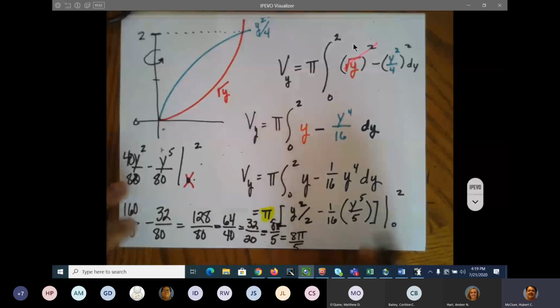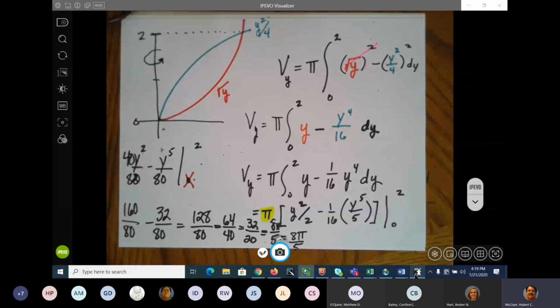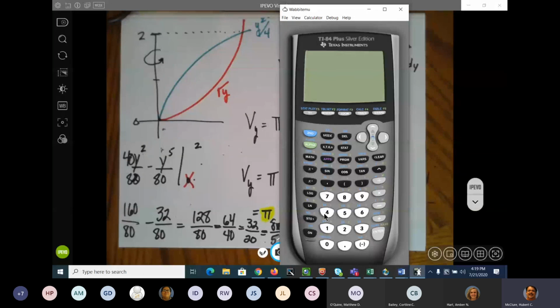Okay, I'll do it. 8 pi over 5, 8 times pi, I don't even remember where pi is on this thing. It's right there, isn't it? Divided by 5. I got 5.03 cubic units.